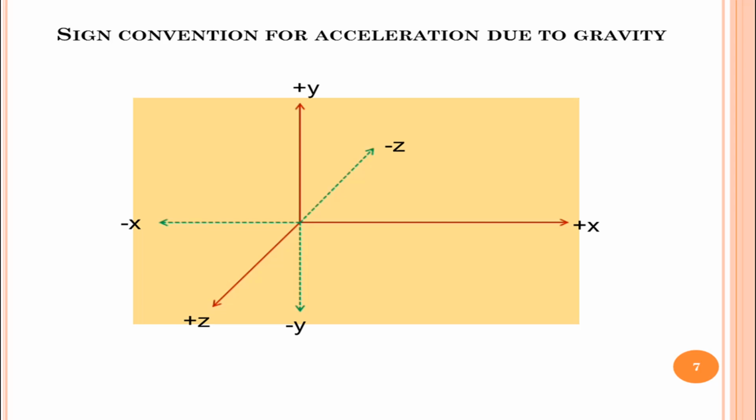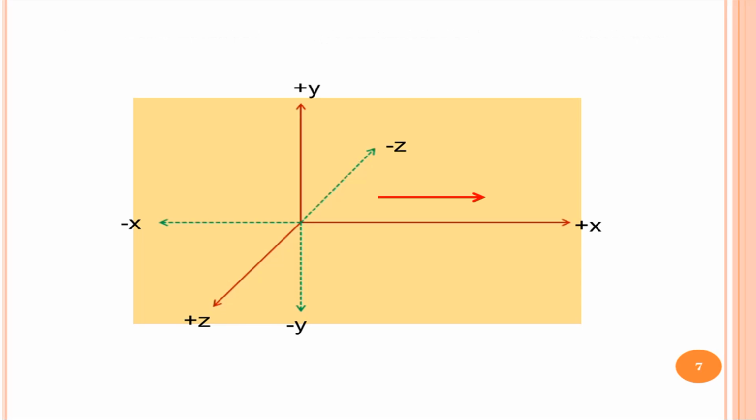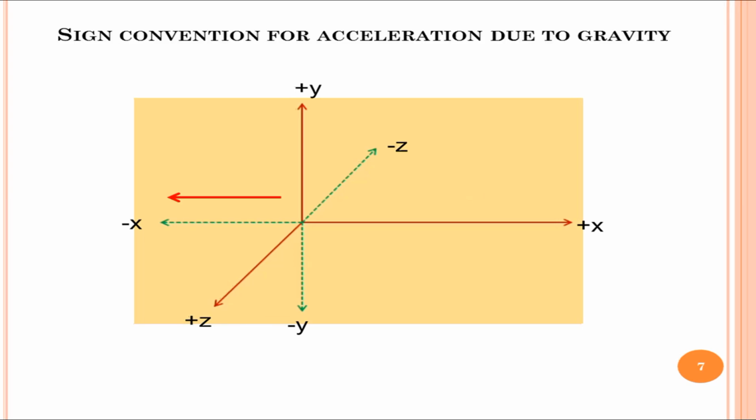Now understand, when I am using the sign convention based on the coordinate system, anything that moves along the positive axis, that quantity is considered to be positive. Suppose the velocity of the body moves along the positive x-axis, then it is taken to be a positive quantity. Whenever the body moves along the negative x-axis, then the quantity in that particular direction is considered as negative.